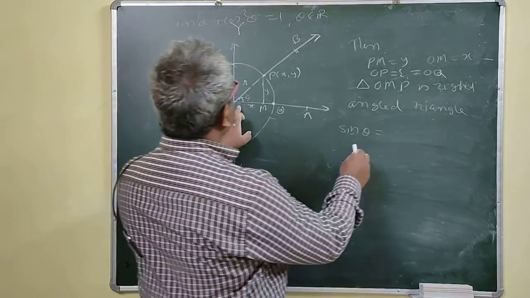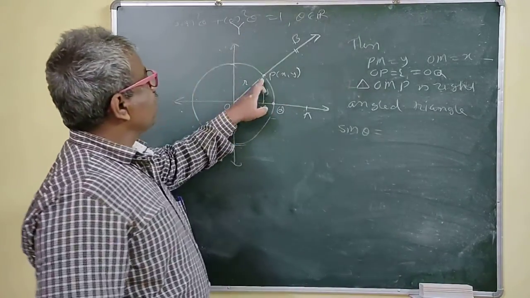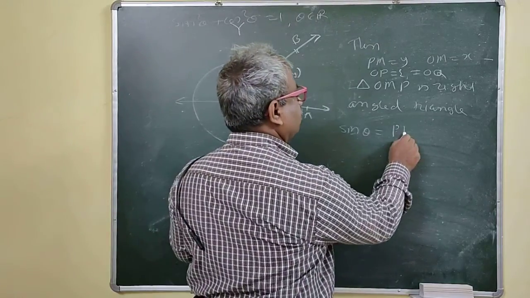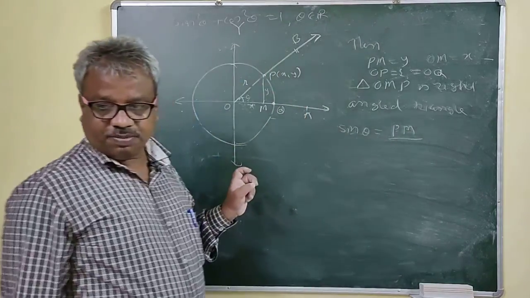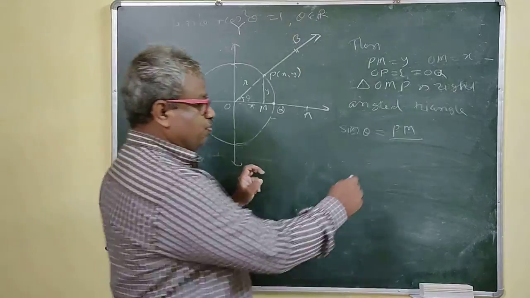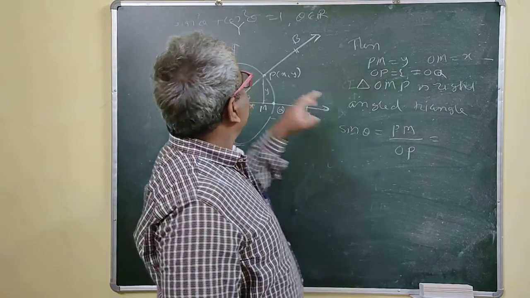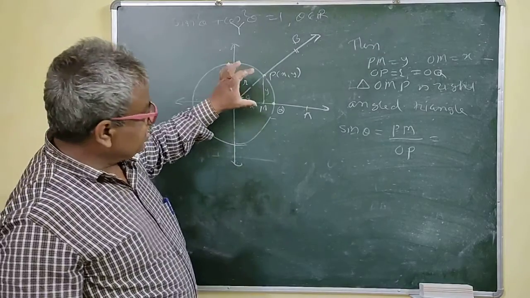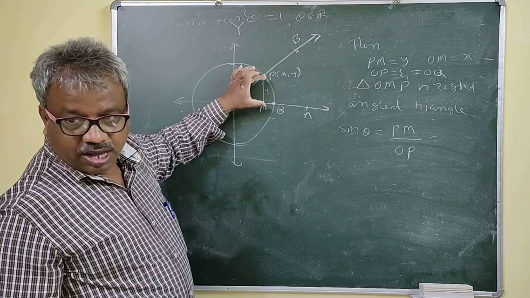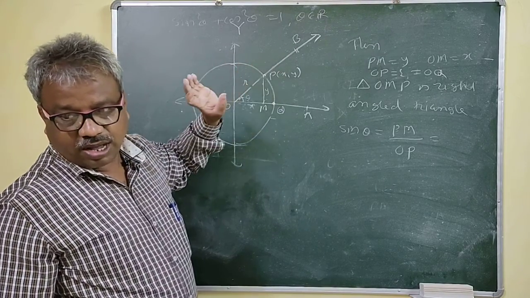So sin theta is equal to the opposite side upon the hypotenuse. The opposite side is PM and the hypotenuse is OP. What is PM? PM is the distance of P from the x-axis, which is nothing but the y coordinate.